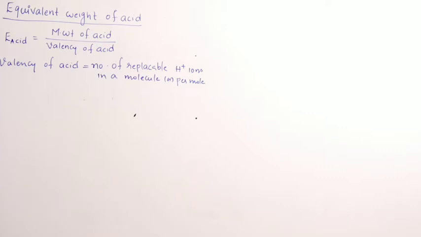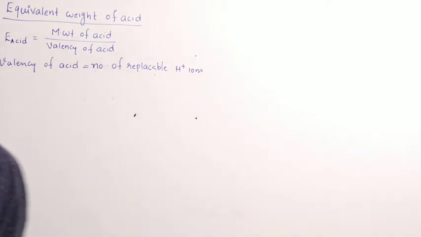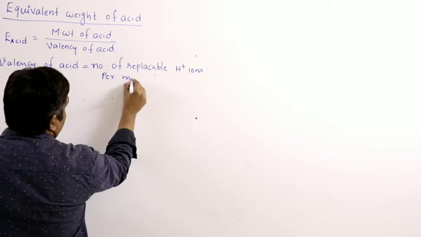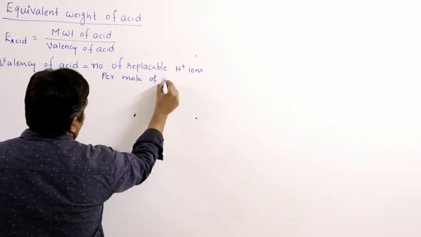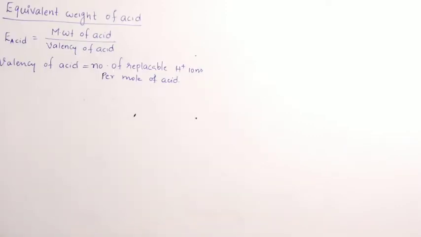Let us say per mole of acid. Number of replaceable H plus ions, because we commonly use moles. Per mole of acid. Number of moles of replaceable H plus ions per mole of acid.